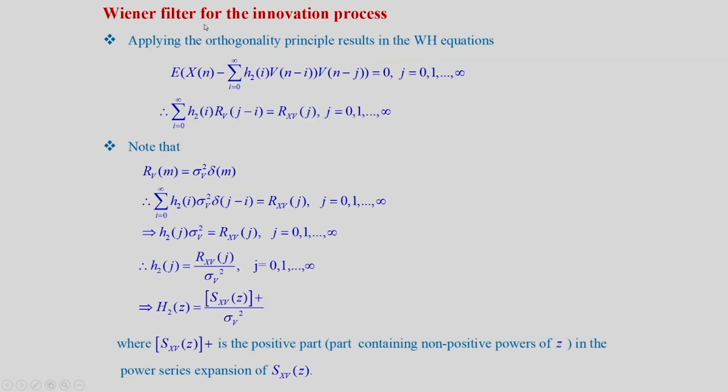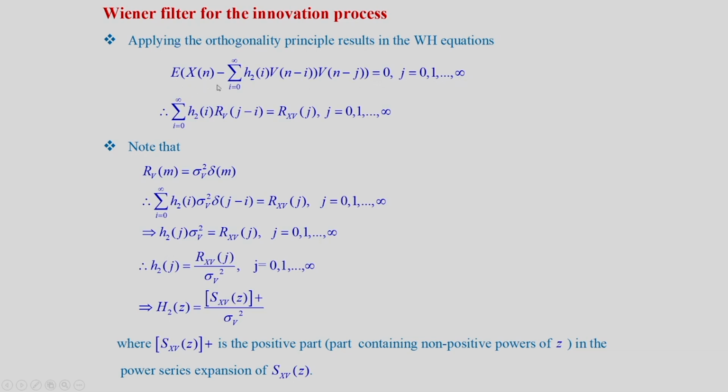Now we will get the Wiener filter for the innovation process. Applying the orthogonality principle results in the Wiener-Hopf equations like this: E of xn minus summation h2i into v of n minus i, i going from 0 to infinity. This is the error, and it is orthogonal to v of n minus j, j going from 0 to infinity.